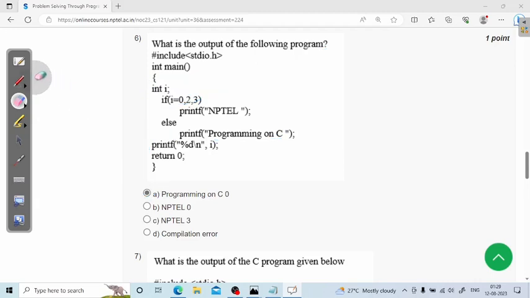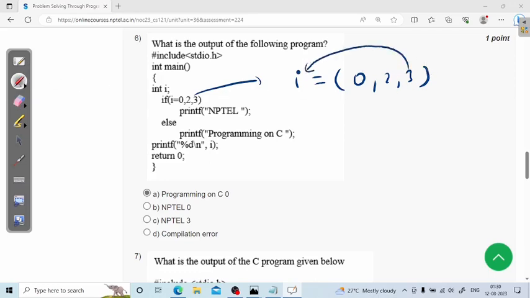Now in this question I'll just explain one more point here. If it would have been written like this, (0, 2, 3), in this case what will happen, instead of 0 getting assigned here, the initial values are discarded and the last value will be assigned to i. In that case, the value of the complete condition will be considered as 3, and 3 is non-zero.